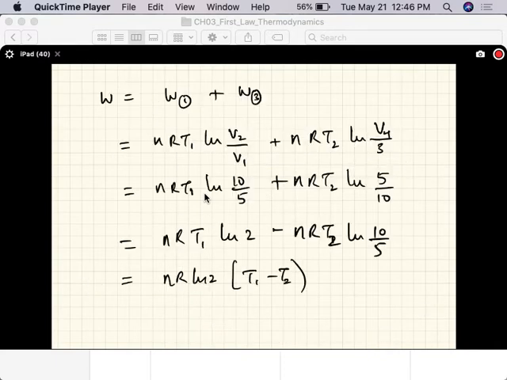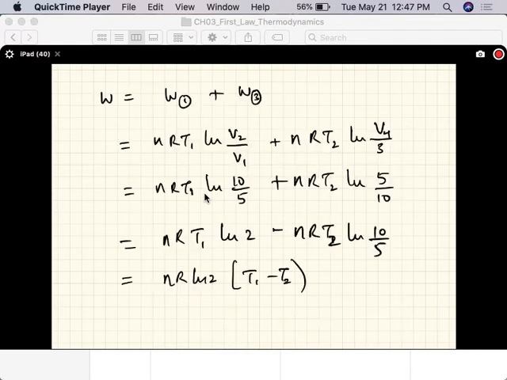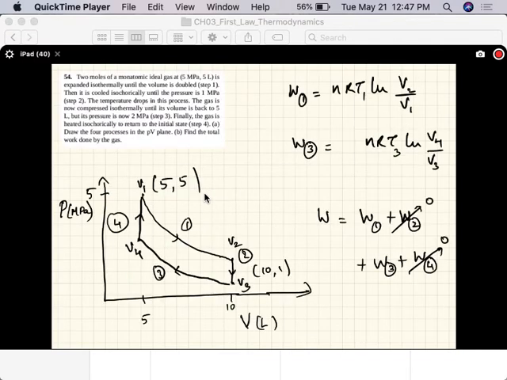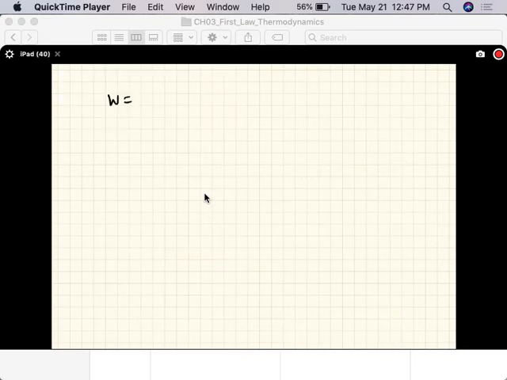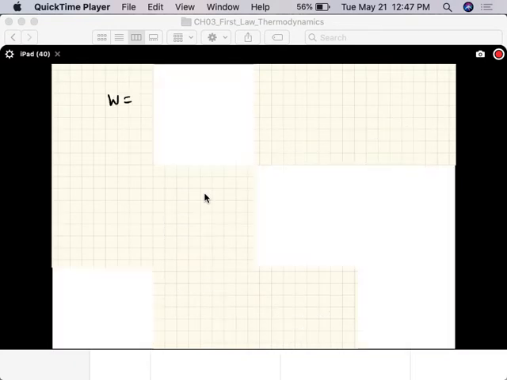All right, so now we'll take that and put it in here. So the work done during this cyclic process, again, all we're doing is calculating the work done in one cycle, is nR log 2 times T1 minus T2.